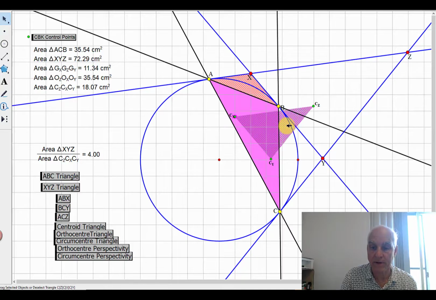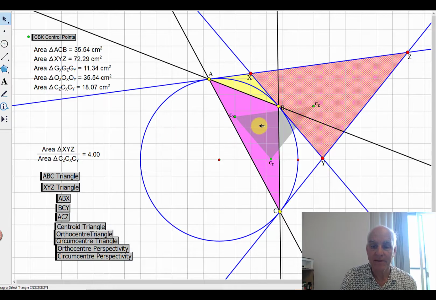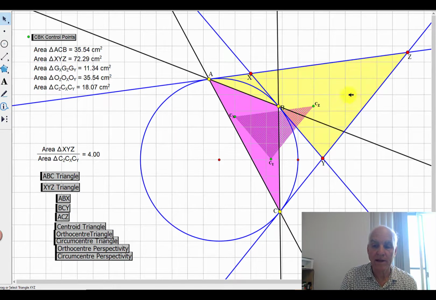Okay, so what about that? If we look at its area, we see that it turns out it's exactly 1/4 the area of XYZ. Let's see XYZ. This one here is 1/4 that. And that means in terms of sides, this side looks very much like being parallel to this one.